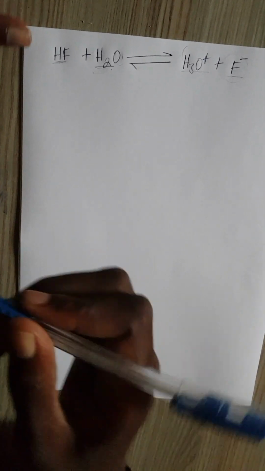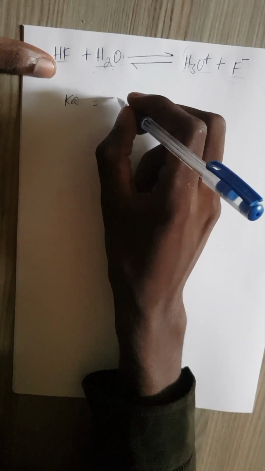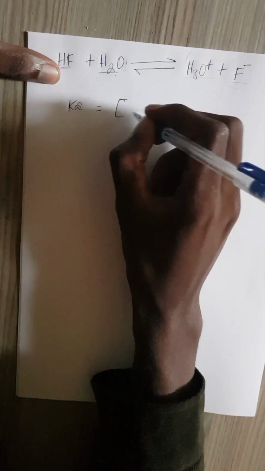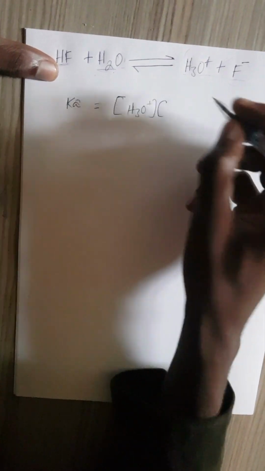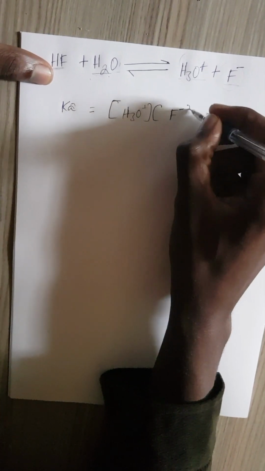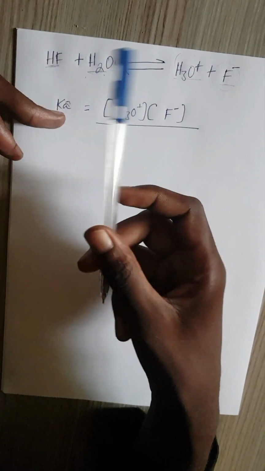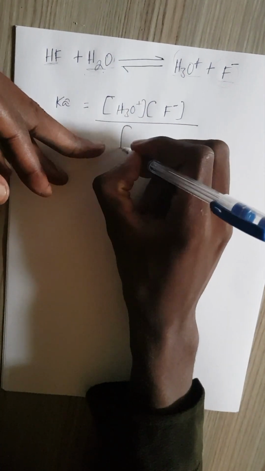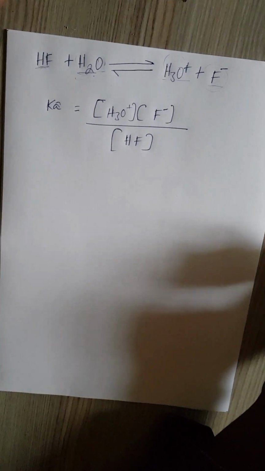To write this, we are going to consider writing a Ka expression for a weak acid, which is Ka equals the concentration of the products, the hydronium ion concentration multiplied by the fluoride ion, divided by the concentration of hydrofluoric acid, since water is a pure liquid.